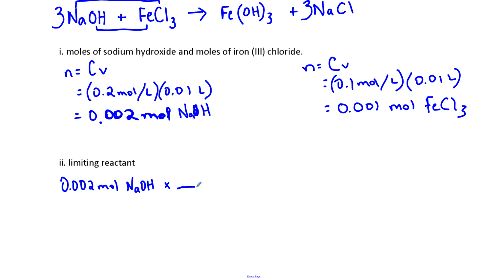My first job is, if I'm in moles of NaOH, I can get to moles of any other substance using the mole ratio. I don't want to be in moles of NaOH, so I put that on the bottom. What I do want to be in is moles of iron 3 hydroxide, so I'm going to put that up here.